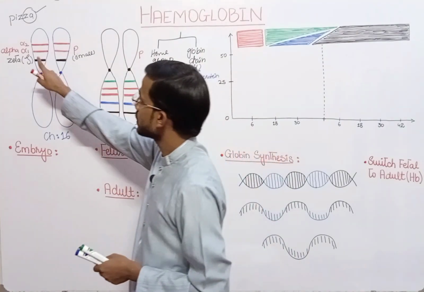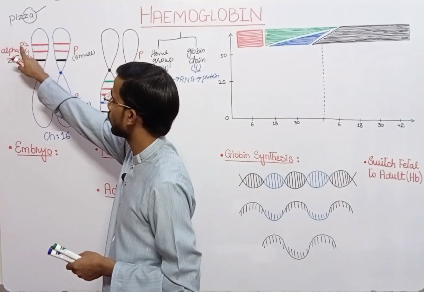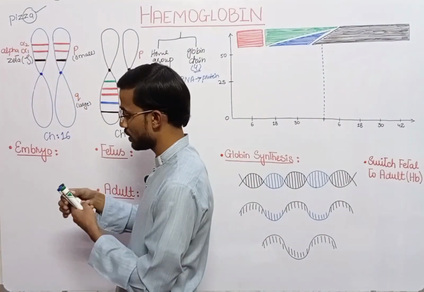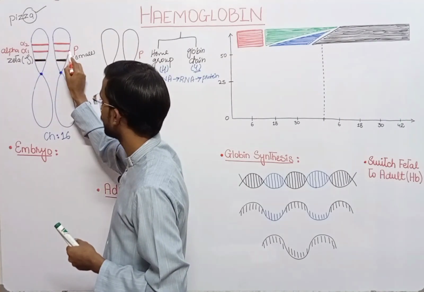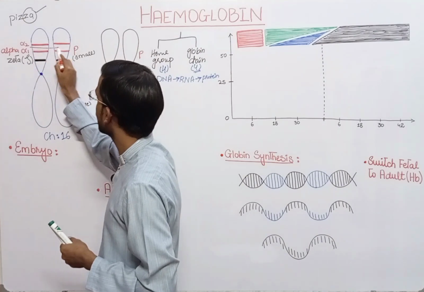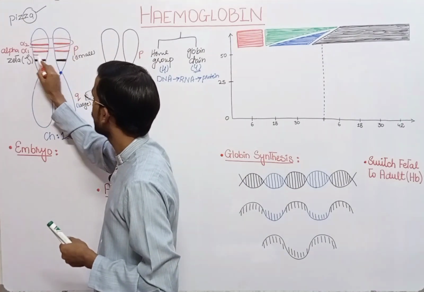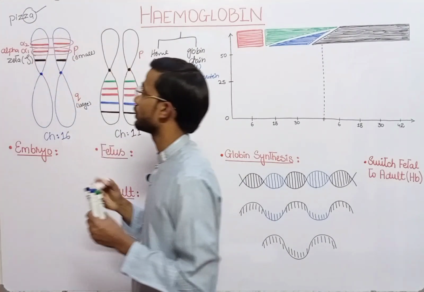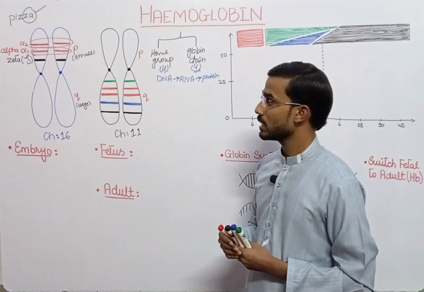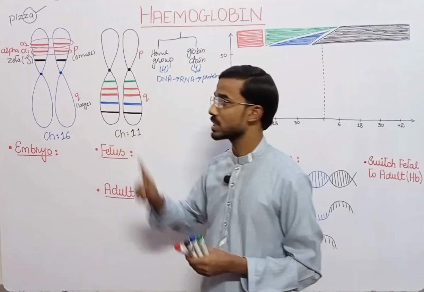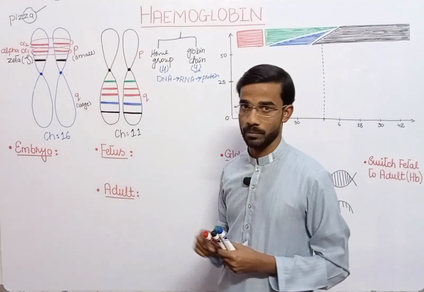Same here, you see alpha 1 and alpha 2. These are the 2 alleles of the alpha. And again these are the alleles of alpha 2. So there are 4 alleles present on chromosome 16 of the small arm.